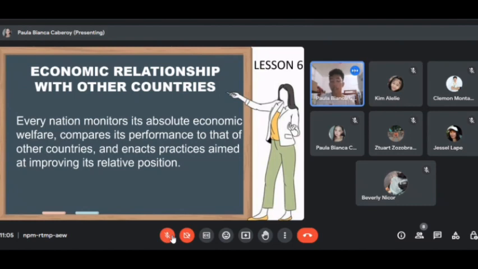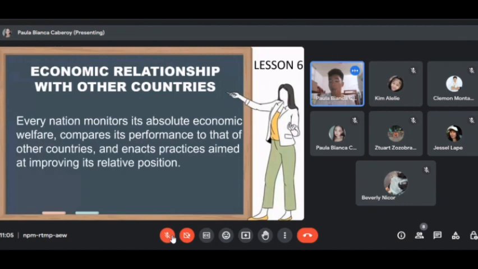So, in this passage, nations compare their economic performance to that of other countries. Benchmarking against others helps identify areas for improvement and potential best practices.